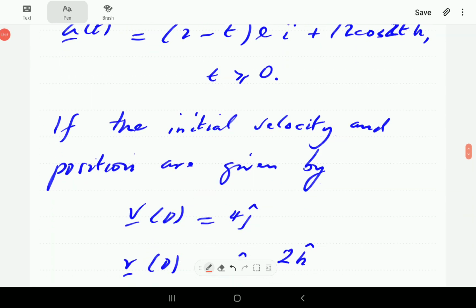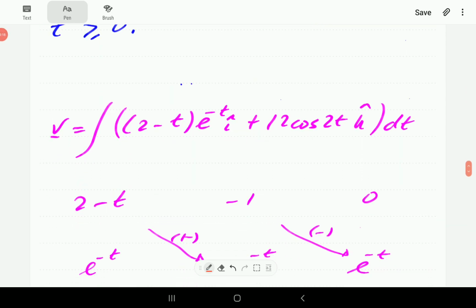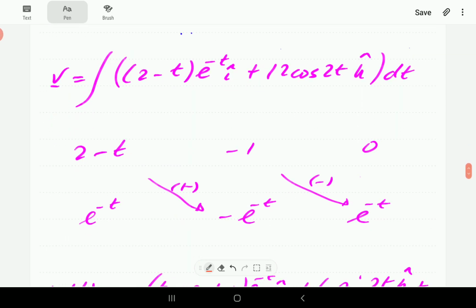Okay, we're now going to scroll down to our solution for number 2. So the velocity we find by integrating the acceleration vector. This term here we integrate using tabular integration.